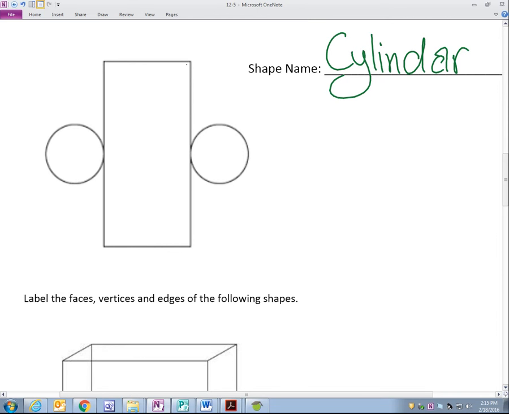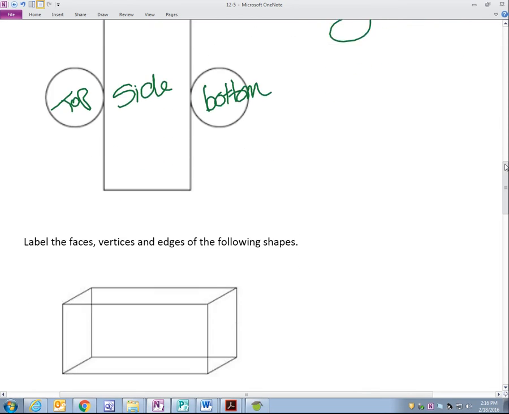We have this as being the shape. Would you consider this a side? Yeah. And it goes here, it's like a side of it. And this is the bottom. And the top. The body.